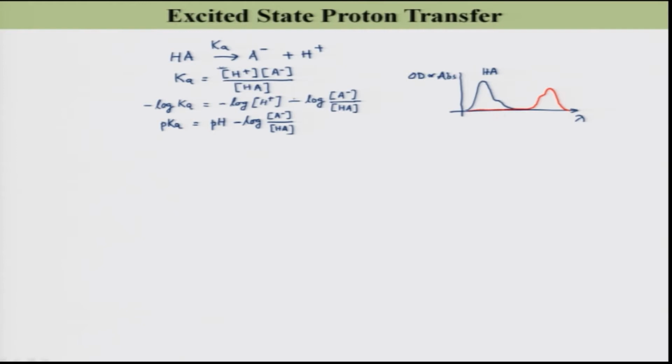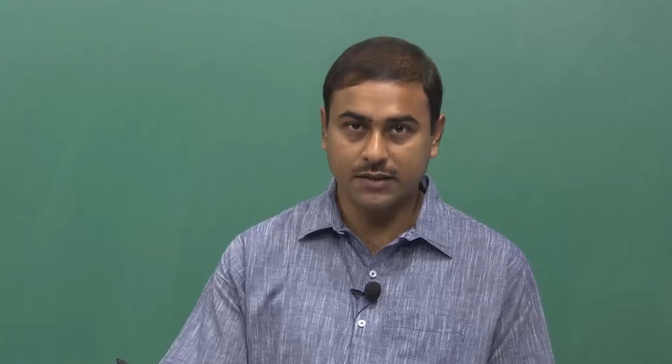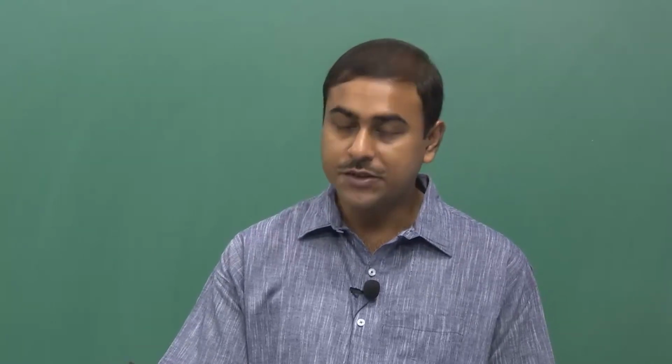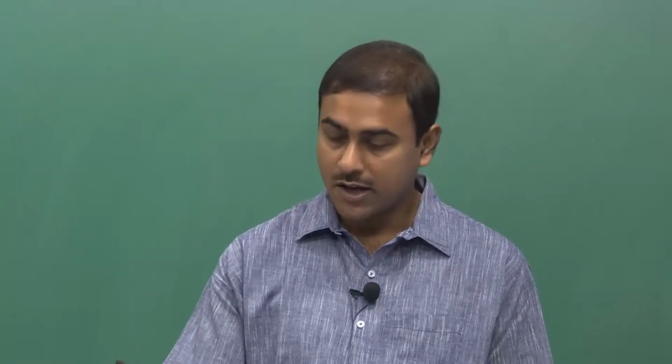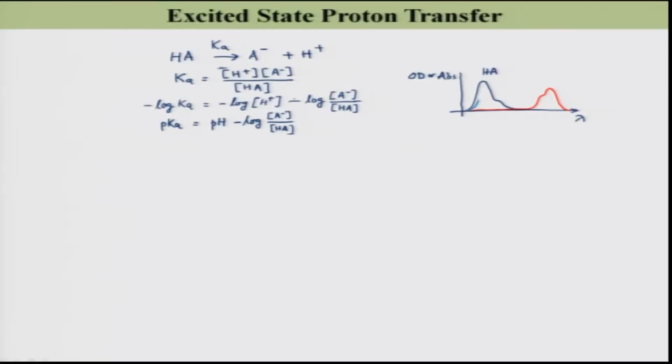Then what we will see is the formation of A minus at the expense of HA. HA will decrease and A minus will increase. If you know the epsilon values, then from there you will be able to calculate the concentrations. Initially this was HA, then this HA will decrease and there is some formation of A minus. If you increase the pH more, it will be like this and so on.